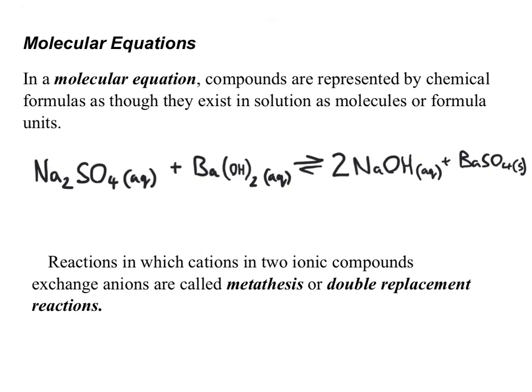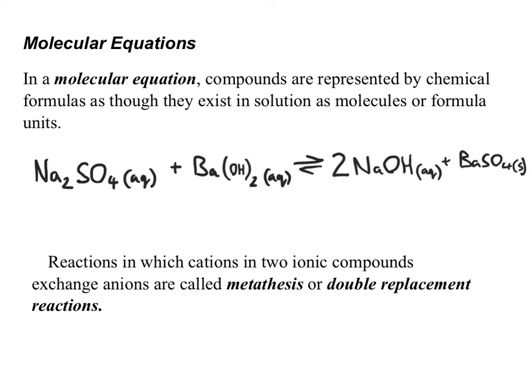Molecular equations. In a molecular equation, compounds are represented by chemical formulas as though they exist in solution as molecules or formula units. So for example, in this reaction, sodium sulfate plus barium hydroxide makes sodium hydroxide and barium sulfate.